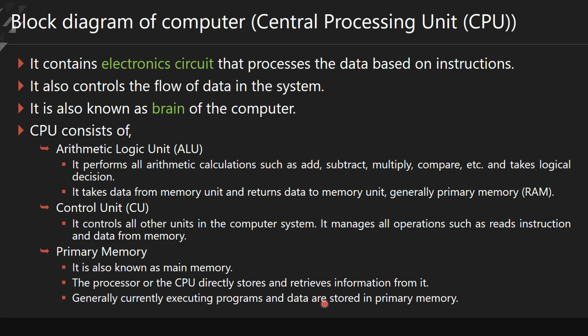To store data for a longer period after execution, you have to use the secondary memory. The main memory is used only for processing data while you are executing your program or any kind of application. That intermediate data is stored in the primary memory.